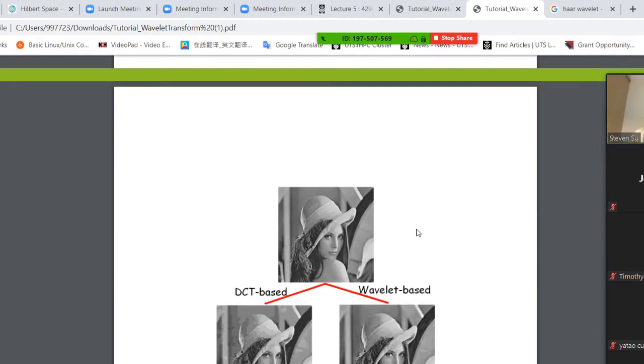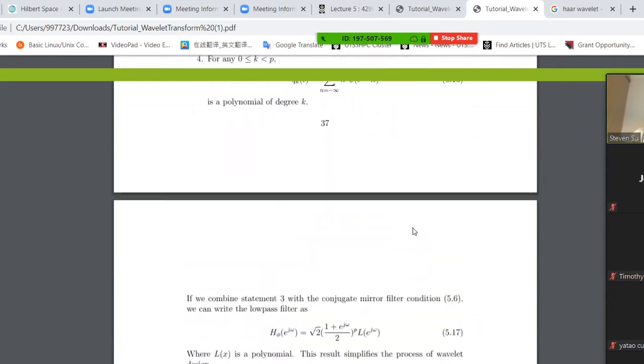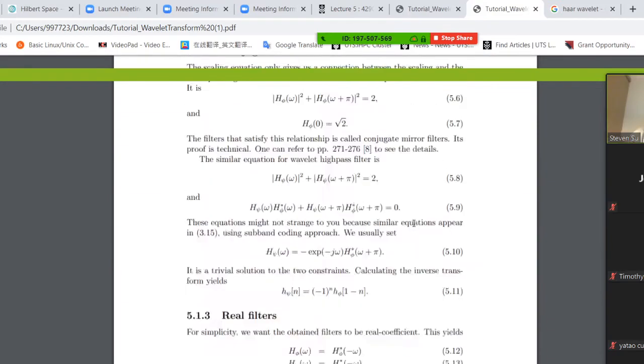Before we go to continuous wavelet, maybe the best way is first to look at what a continuous wavelet looks like.